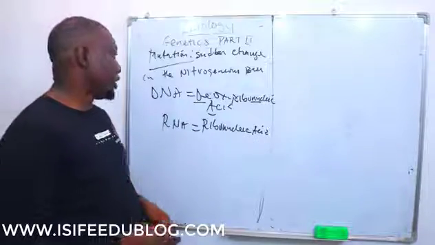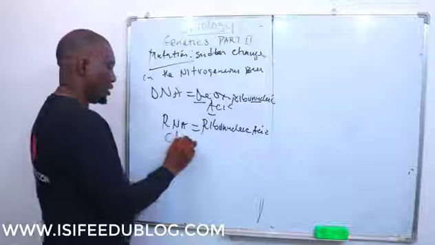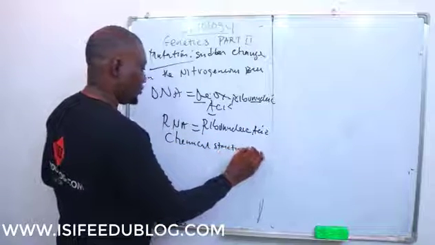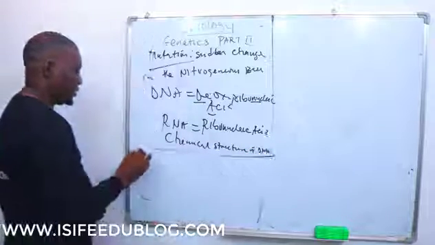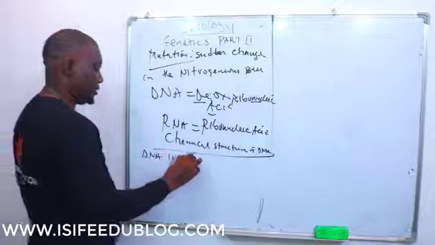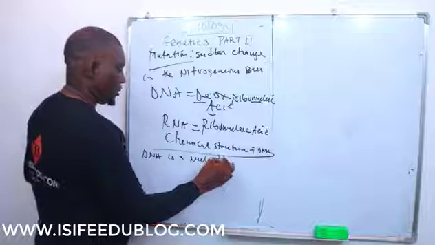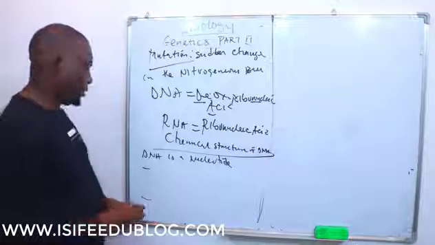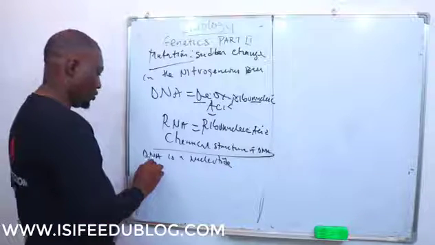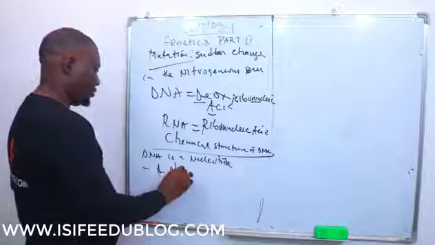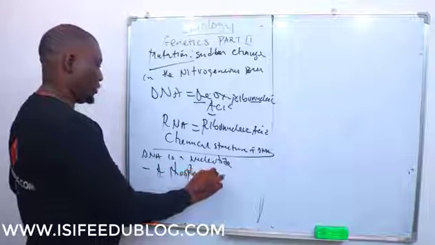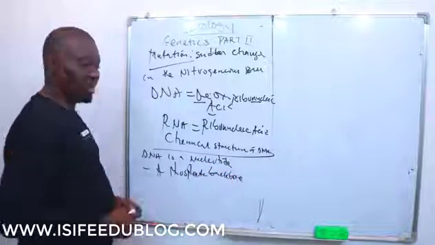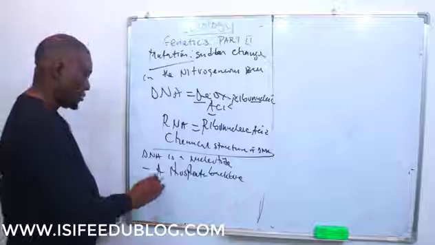Okay, let's look at the chemical structure of DNA. First of all, the chemical structure of DNA is a nucleotide comprising of the following: a phosphate backbone, and then a pentose sugar.